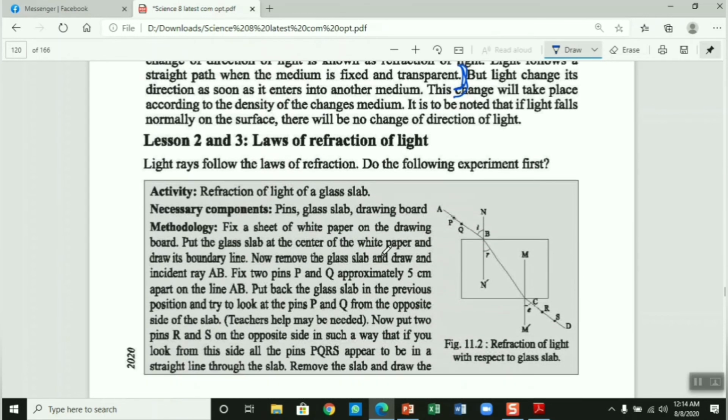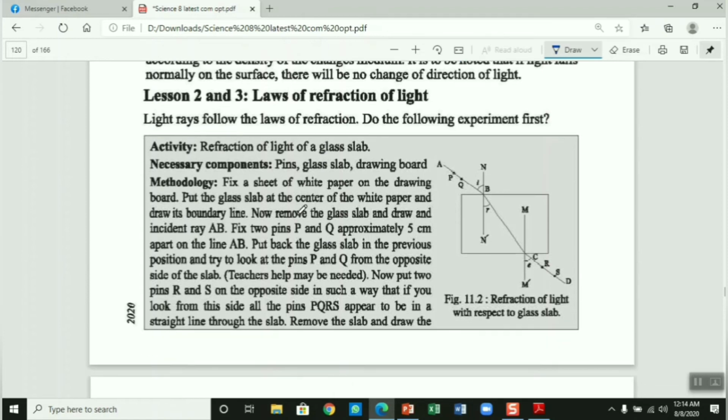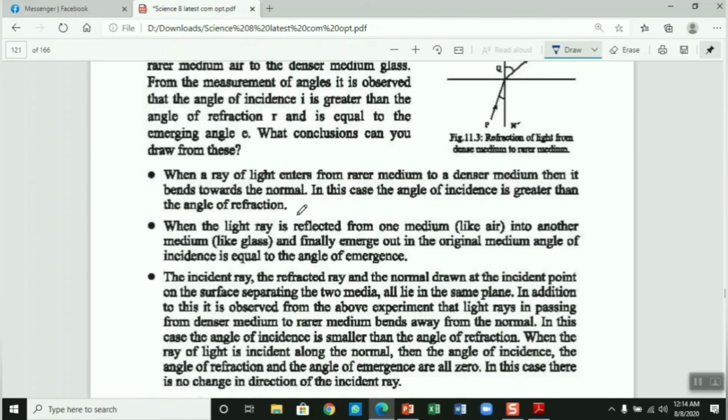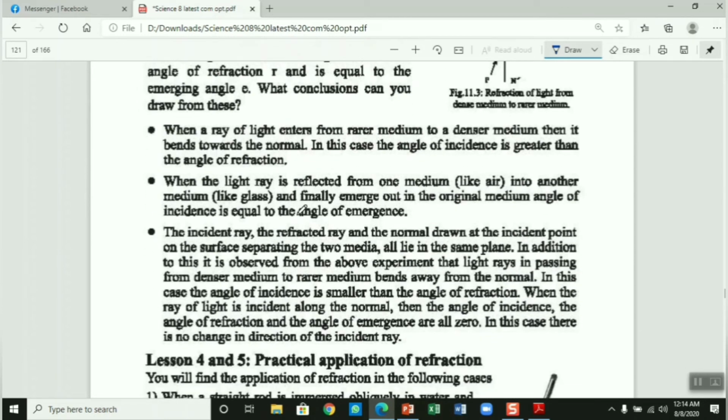Now, the laws of refraction, what you have to learn. This is a glass slab experiment, which you have already seen in a video. So you will learn this accordingly. That means refraction of light through a glass slab, how it happens. I hope you have all understood this. And then these are the laws of refraction, which I have written nicely separately one after one.